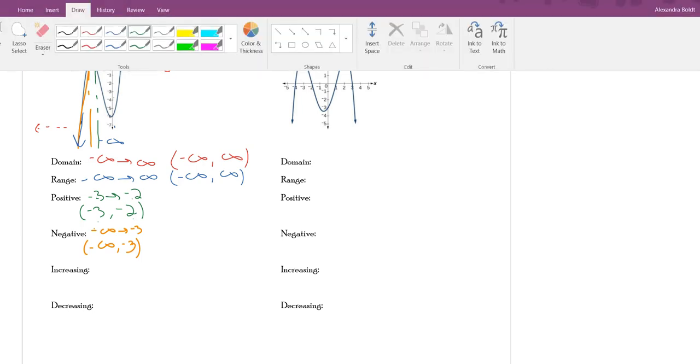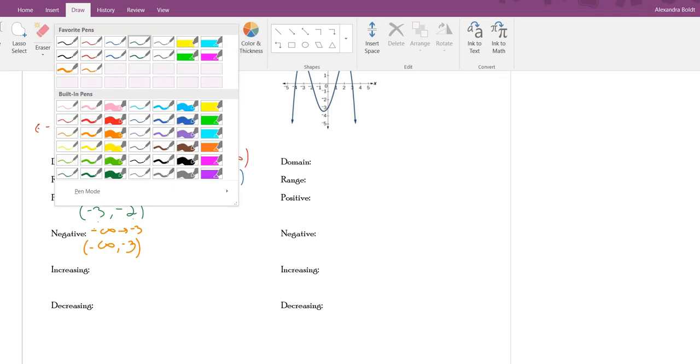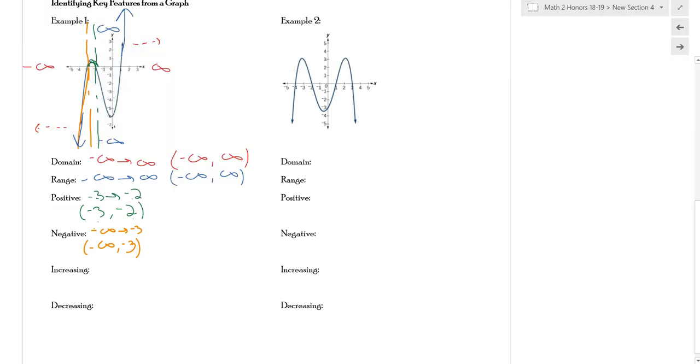Looking at our next x-intercepts, which is here, all of this is negative. So that's going to be, we were just at negative 2, from here to here, to 1.